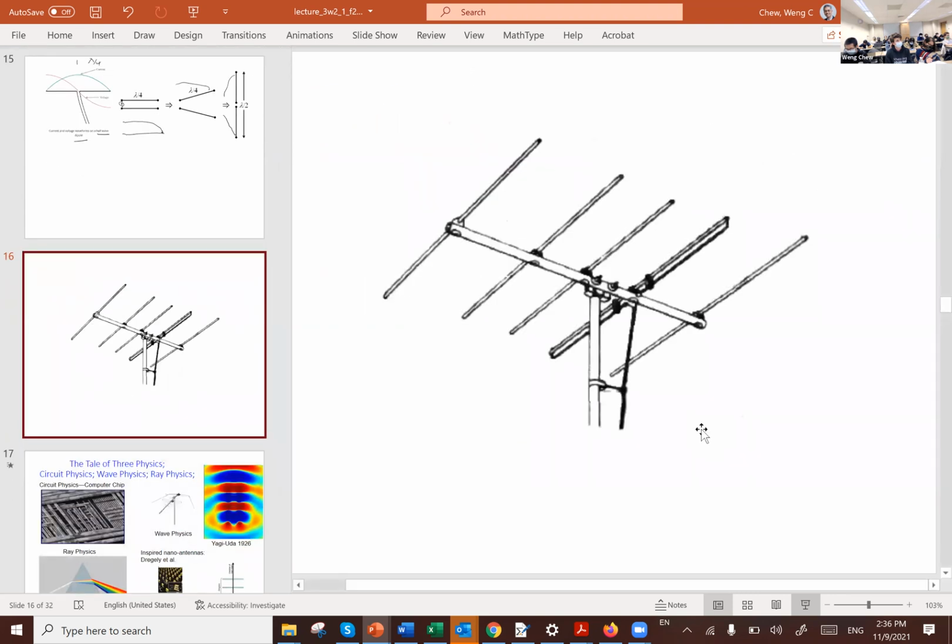A very interesting antenna is called the Yagi-Uda antenna, which was invented around 1926 by two Japanese scientists. Okay. And the amazing thing was that the design was arrived at completely by using physical intuition. No simulation.